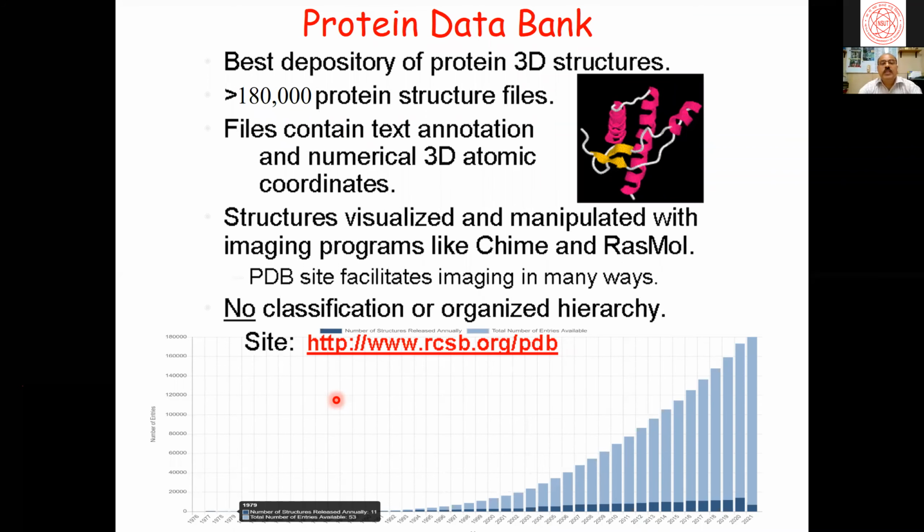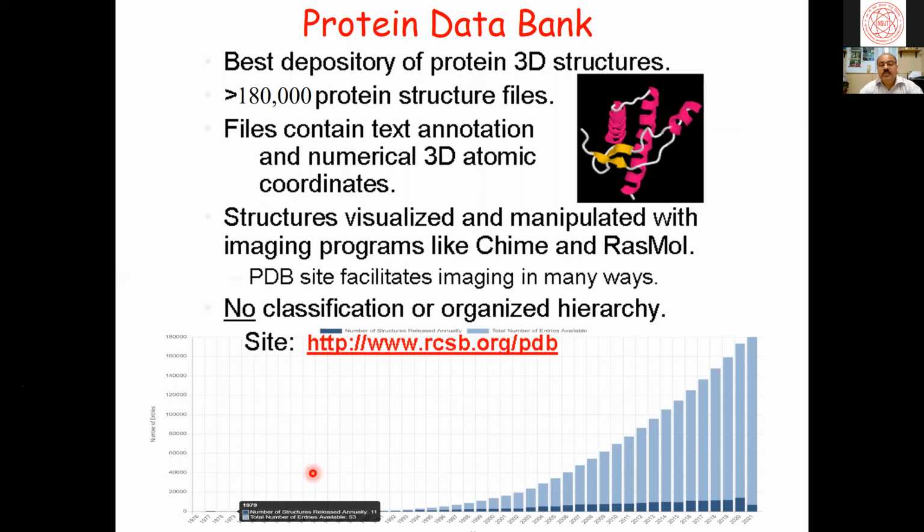Now, at this point, it's important to mention one of the very important databases, which I'm sure many of you are aware of, what we call the Protein Data Bank. This is one of the best depositories of protein three-dimensional structures. More than 180,000 protein structure files have been deposited in this. Files contain text annotations and numerical three-dimensional atomic coordinates.